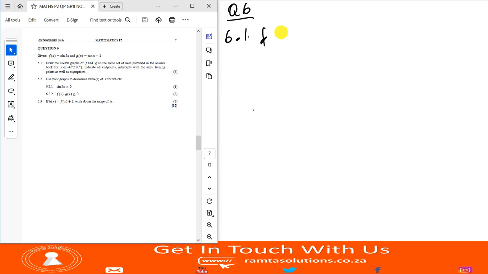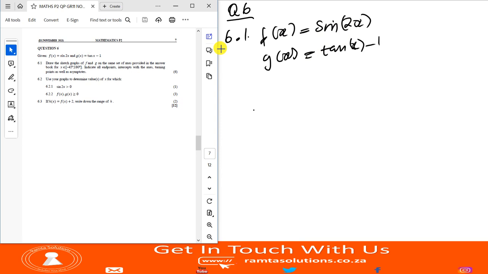You will say f of x equals sin 2x, and then g of x equals tan x minus 1. Of course, your calculator must show this. I'm going to use my Casio calculator because most of you use Casio.